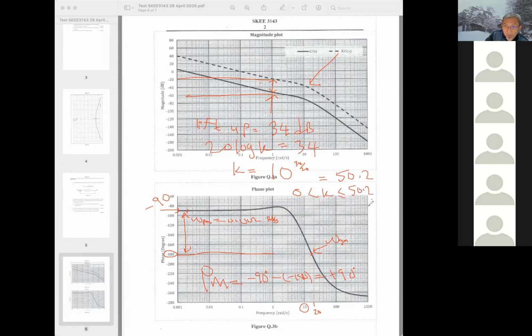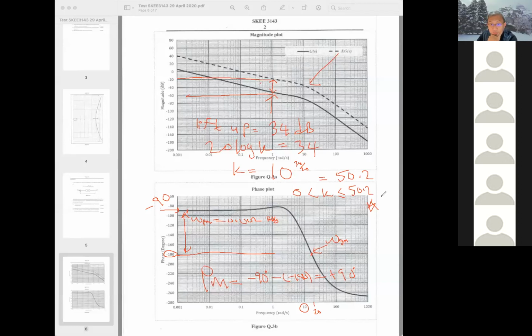All right, finish this part. You want some more? Sure, doctor. For the test, we study till here, till the phase margin and gain margin.